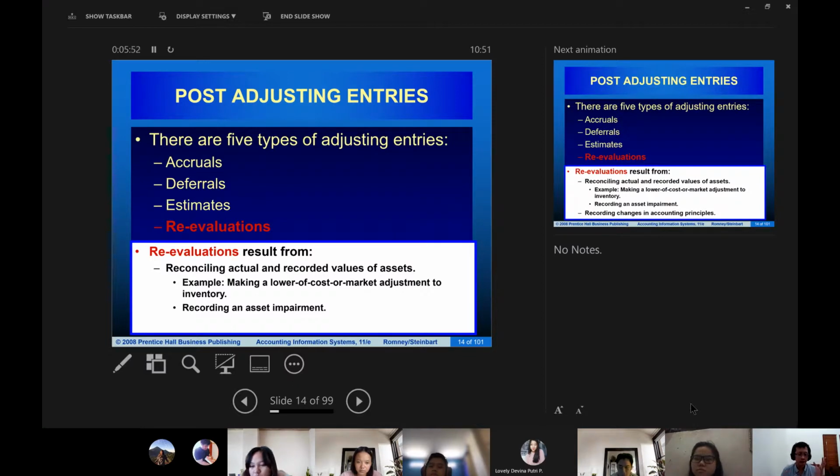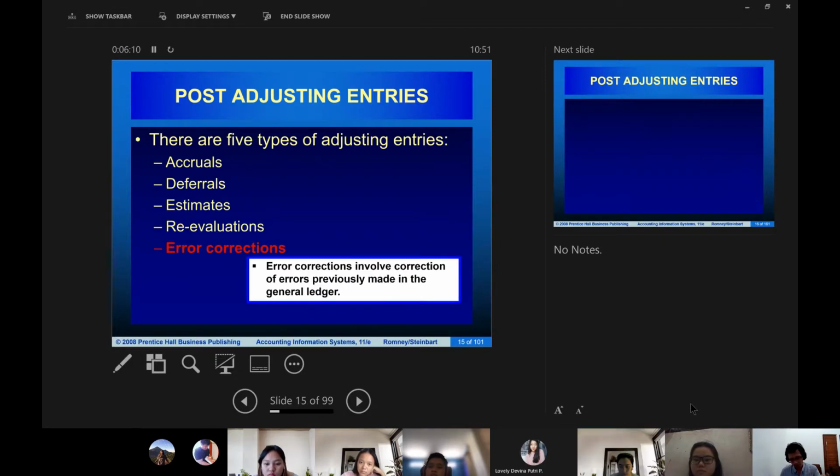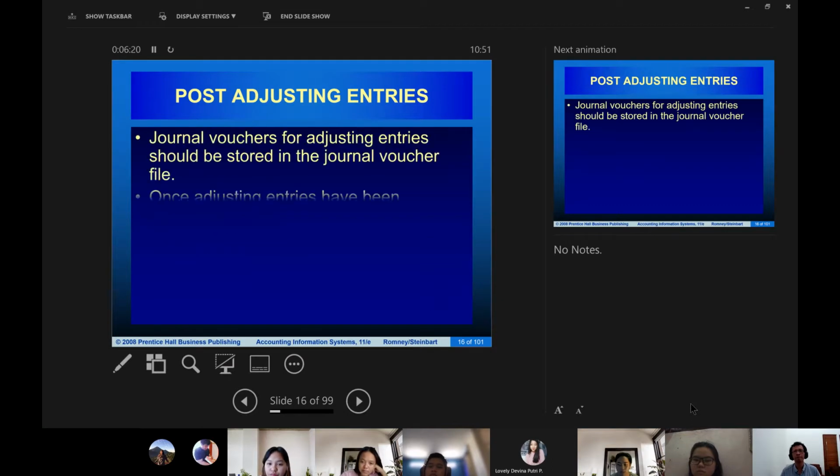So the sale value of my car was higher than the purchase value. And that's the idea behind re-evaluation. But again, I'm not an expert, so how to make re-evaluation and everything will be discussed in more detail by your financial accounting lectures. Okay, error correction again.